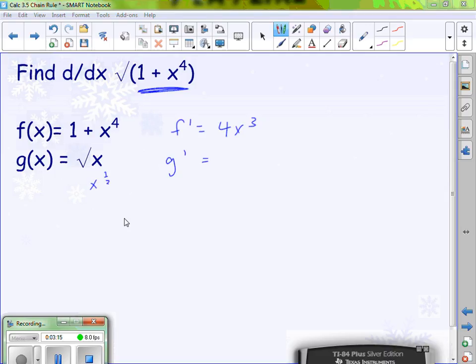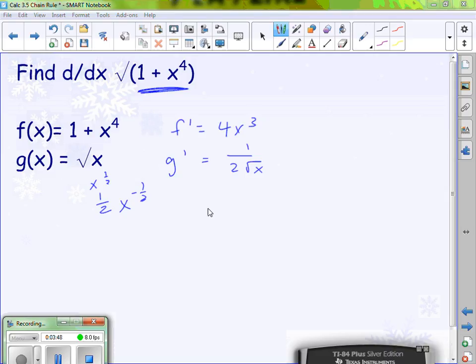So when I take the derivative, it's 1/2 x to the negative 1/2, which when I write it properly, 1 over 2 square root of x. Now to combine these together. I don't like leaving it like that. There's too many numbers going on. It looks a little bit neater, and you'll see what happens here.